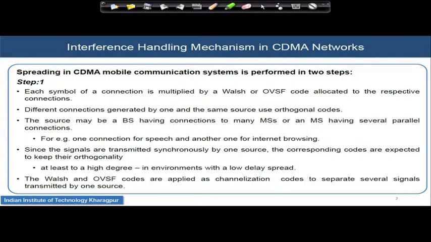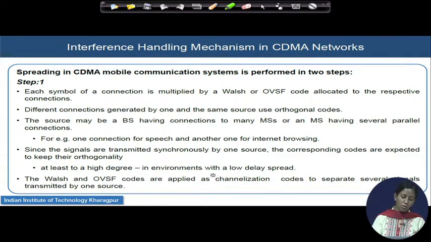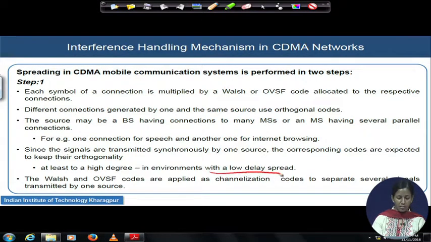In such cases we assume a high level of synchronous communication, at least in environments with very low delay spread channels, where such a high degree of synchronization is expected to happen, and these codes are expected to keep their orthogonality.